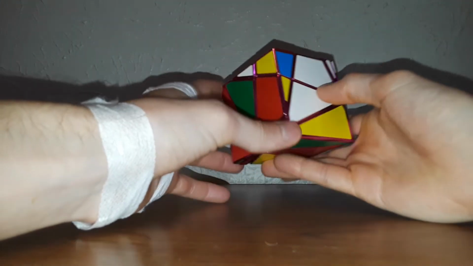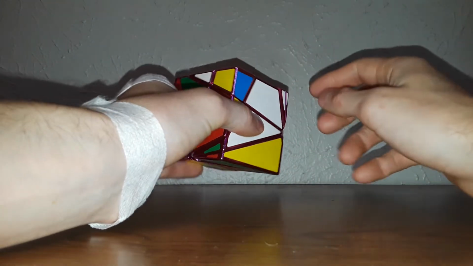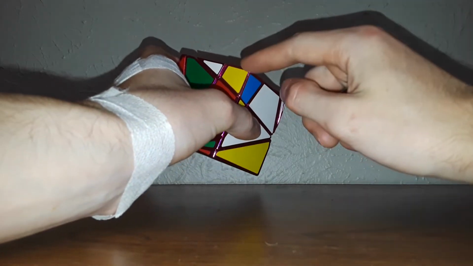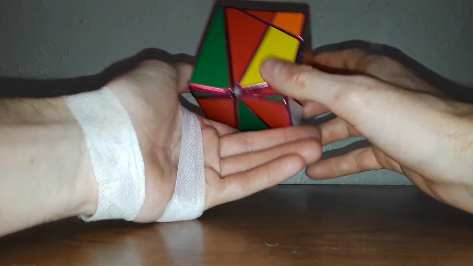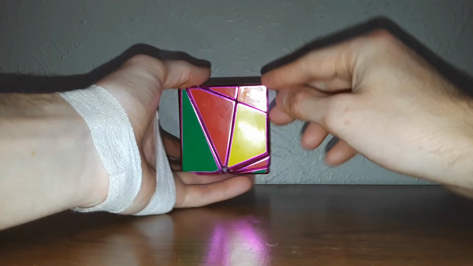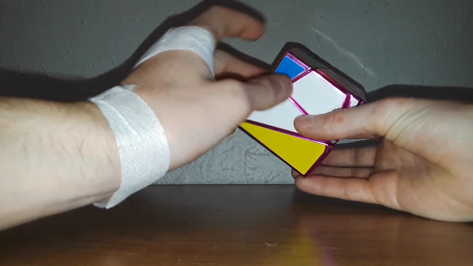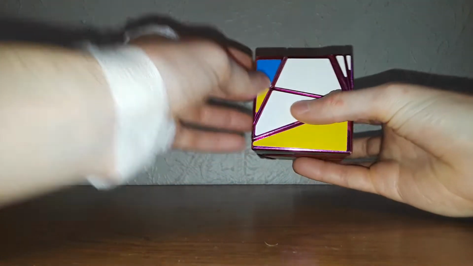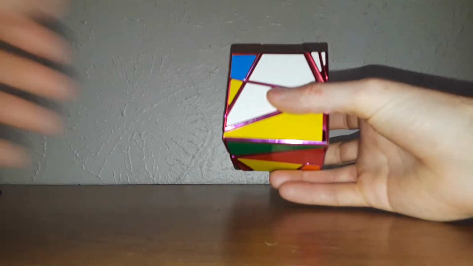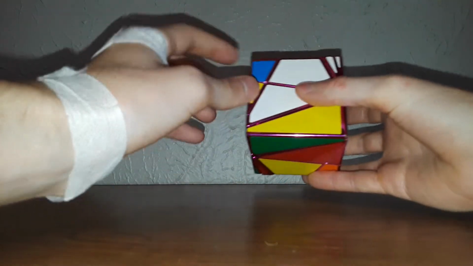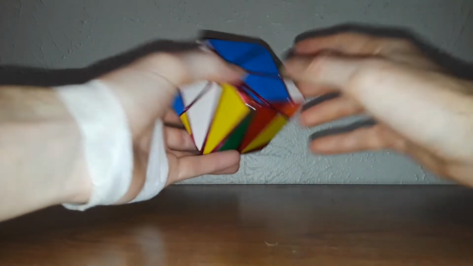So again, the first step, if it's not already solved, is to get the corners in their correct position. So I do need to swap these corners, and so I'll do the algorithm. Again, you hold it like this, the corner in this position and this position.